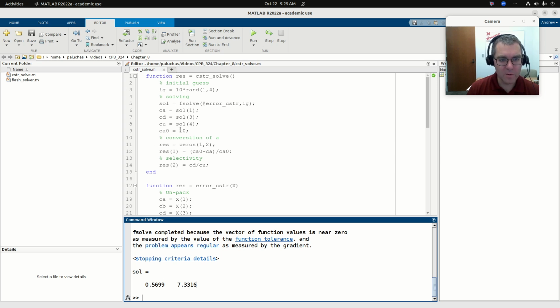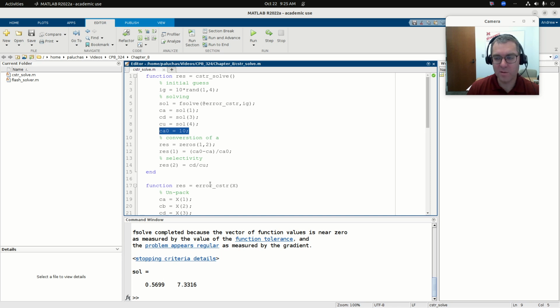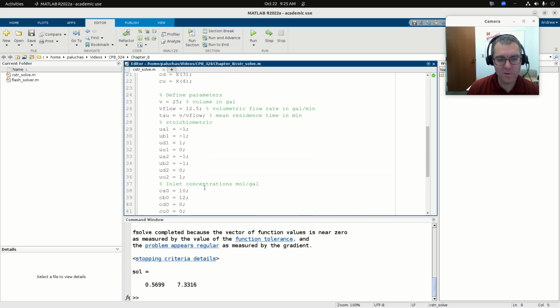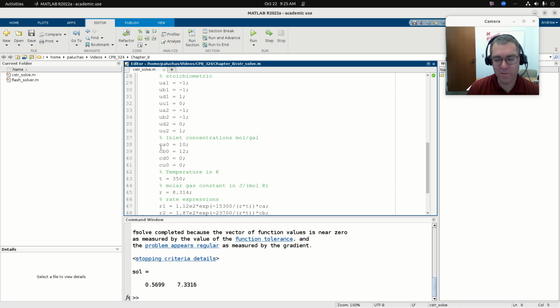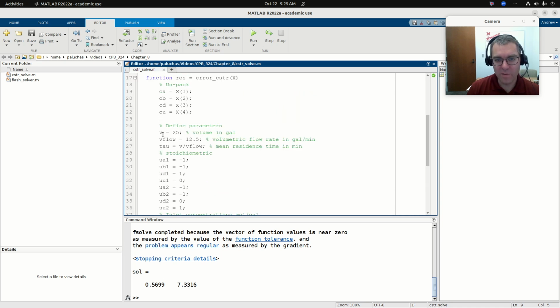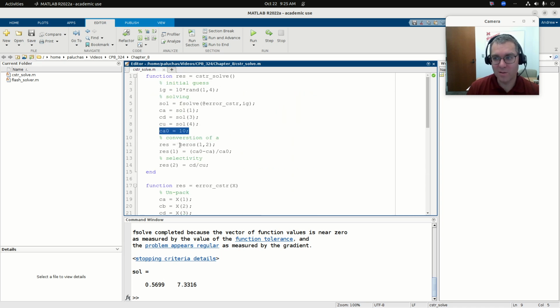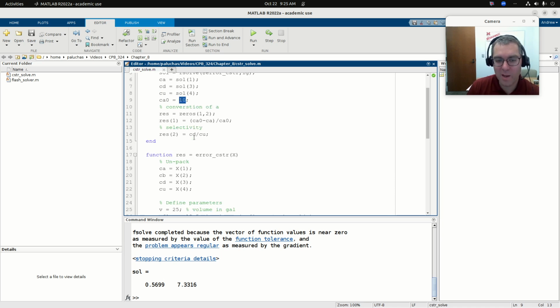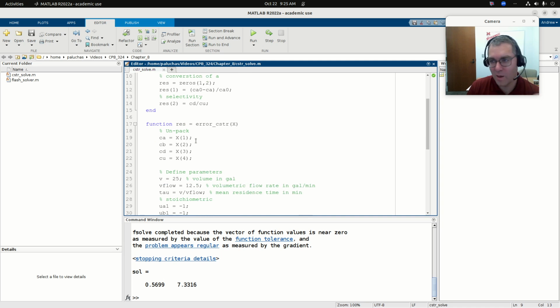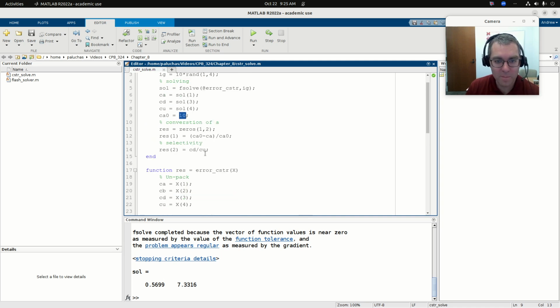The one thing I want to do is, up here I'm defining this parameter CA naught. It's also being defined here within my error function. It'd be nice if I only defined it in one place so that I'm consistent. What do I mean by that? If I was ever told that the initial concentration isn't 10, it's 5, it'd be nice just to have to look in one place to update it to make sure that it's correctly updated everywhere it needs to be.